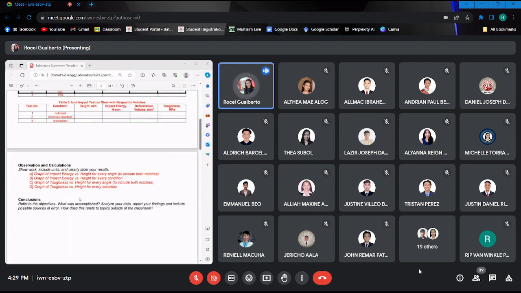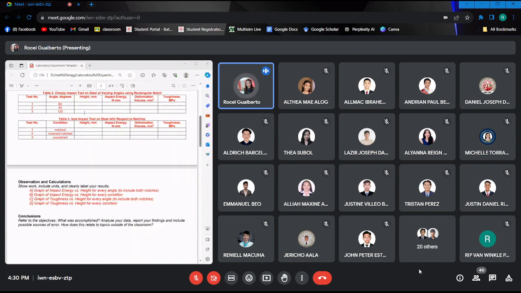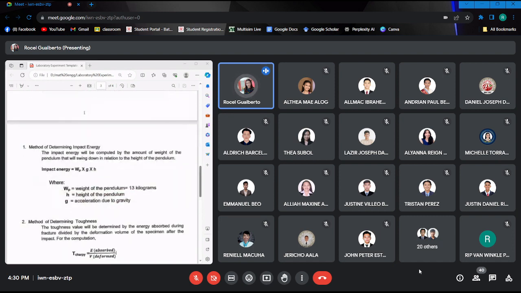Again, here in the table, the height mentioned would be the change in height. The second is the impact energy. Where do we compute the impact energy? Here is the equation.